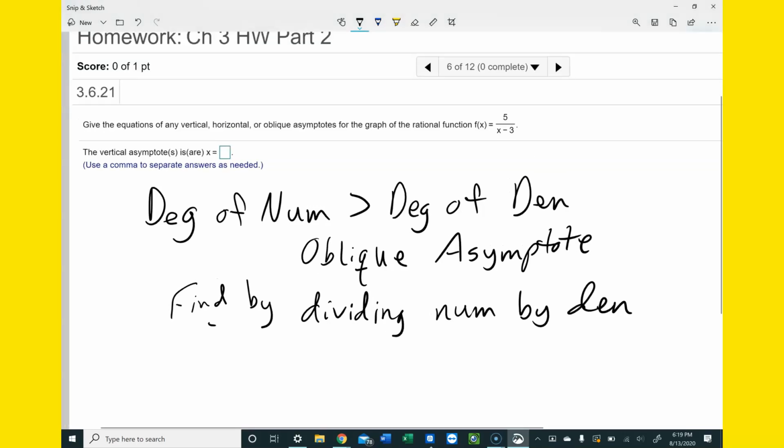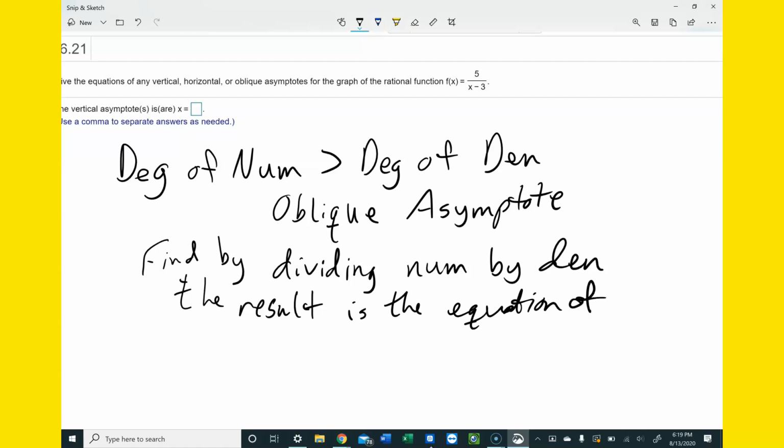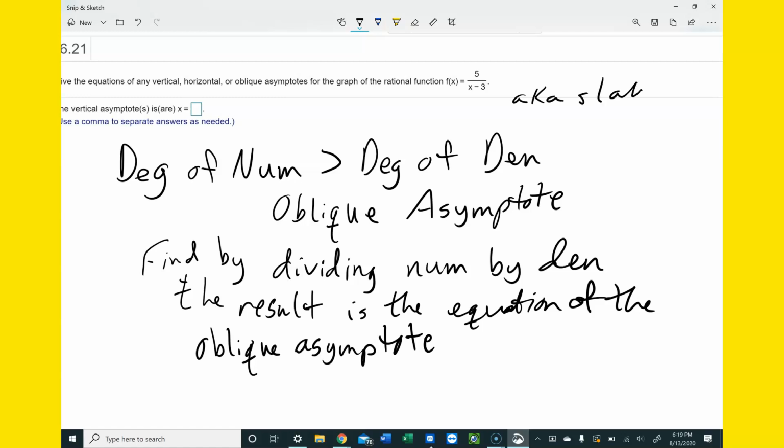and the result is the equation of the oblique asymptote. Oblique is also known as a slant asymptote.